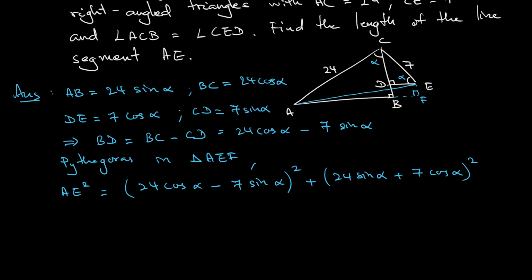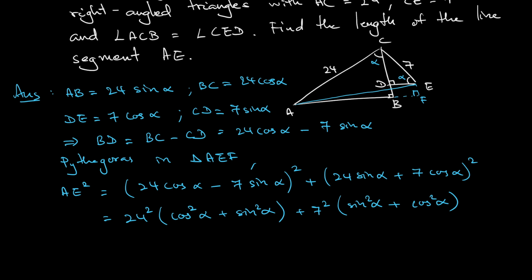Okay, expand it and then simplify it. You will get 24 squared cosine squared alpha, and you also have here sine squared alpha. Alright, so take 24 squared as a factor. You will get cosine squared alpha plus sine squared alpha. Same thing for the 7, alright? Take 7 squared as a factor. So sine squared alpha, and here cosine squared alpha.